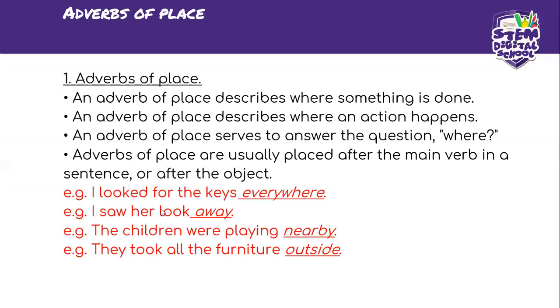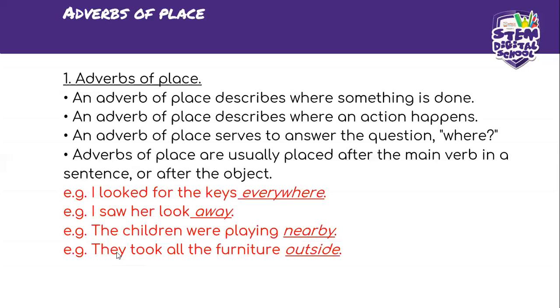Therefore, we can say in full, the children were playing nearby. Nearby is the place where this action of children playing happened or was done. We all understand that? Okay.